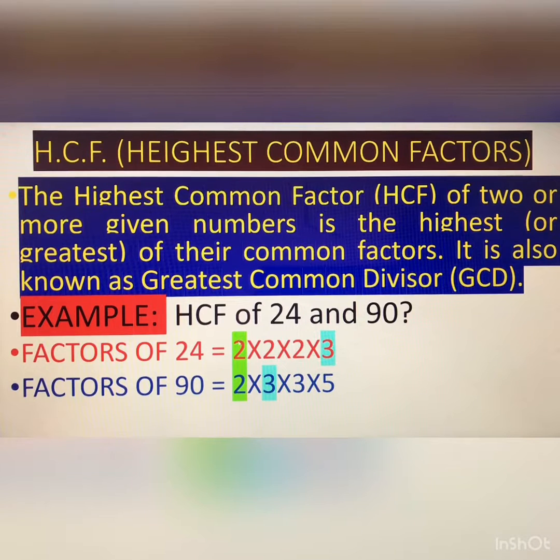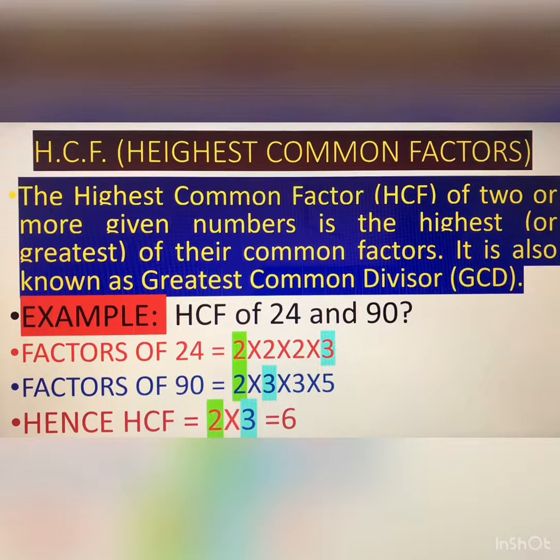So you will take only the common factors. So you will write the GCD or HCF of the given numbers, that is 2 into 3 only. 2 into 3 means 6. So 6 is the highest common factor, that is HCF, of these two given numbers.